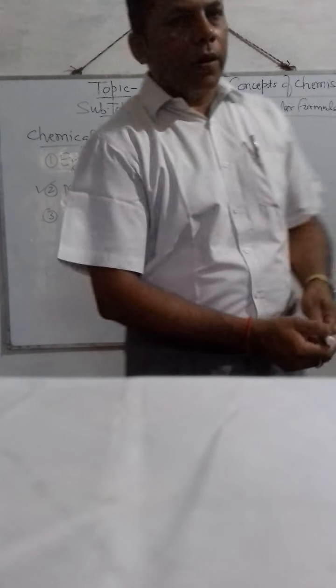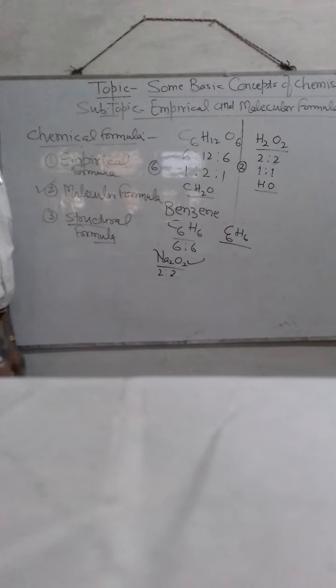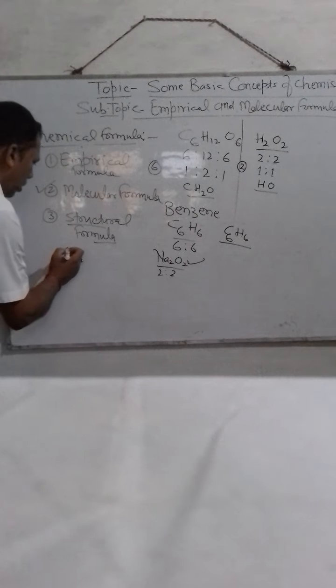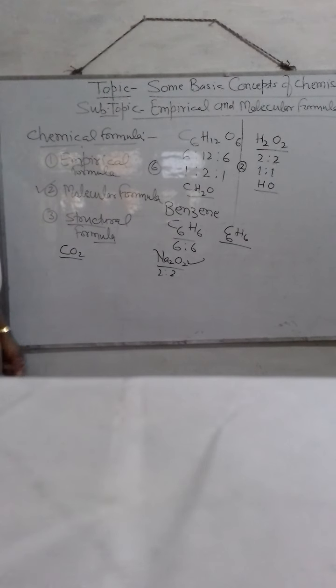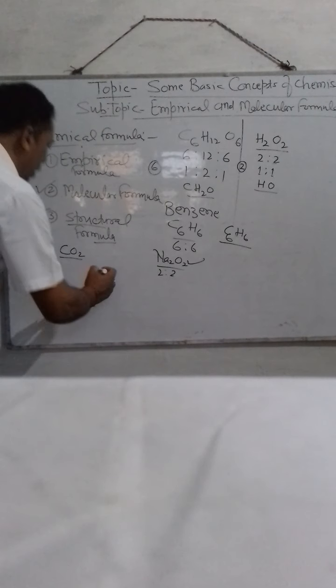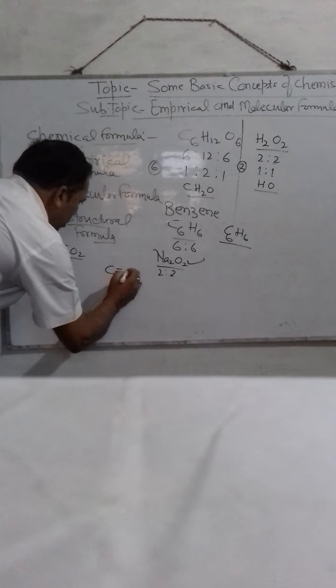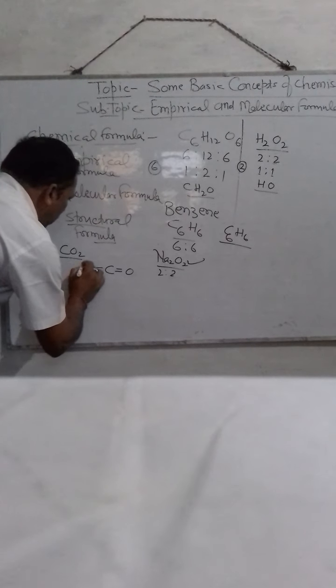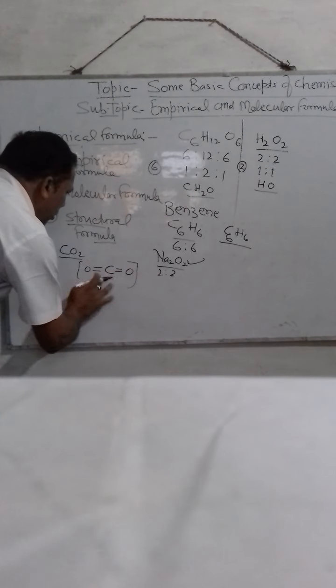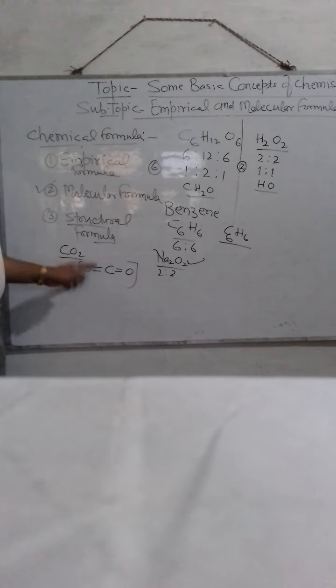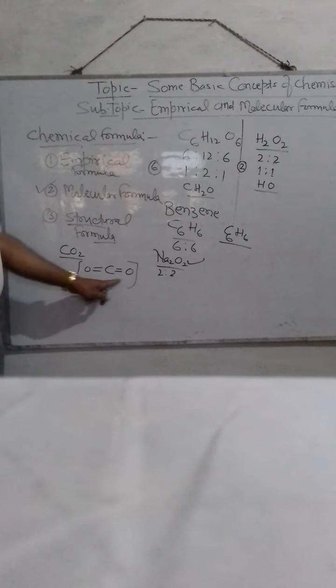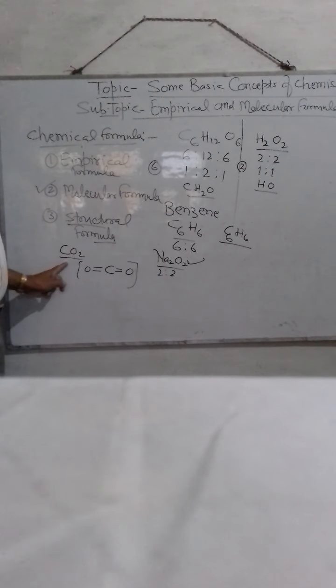For example, suppose we have to write the structural formula of carbon dioxide, CO2. The bonds formed between the atoms present in that molecular compound will show the structural formula of the compound. So this one represents the structural formula of CO2.